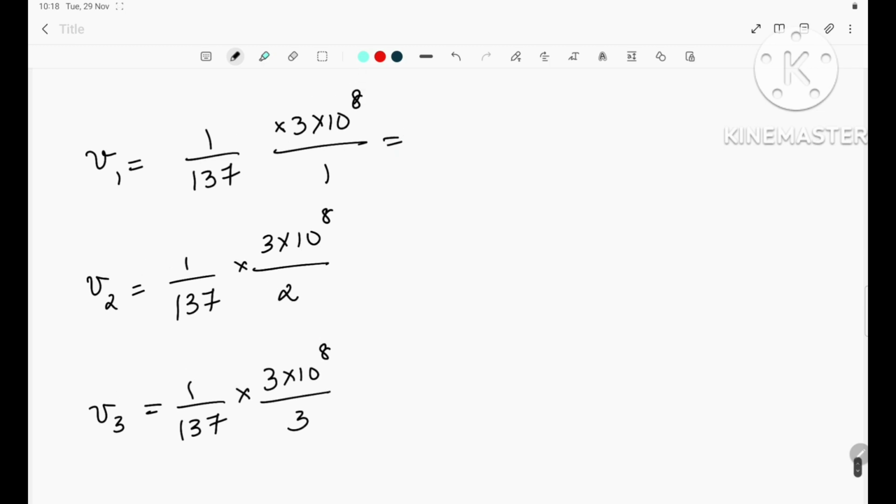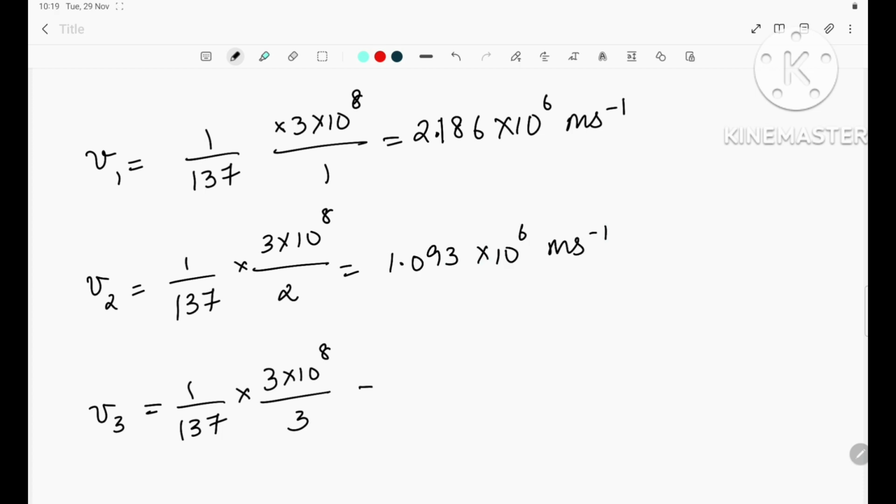If you do all these calculations, you will get the answers: V1 is 2.186 into 10 power 6 meter per second, here you have 1.093 into 10 power 6 meter per second, and here you have 0.729 into 10 power 6 meter per second. You can calculate these values and verify whether they are correct or not. You can do it by yourself.